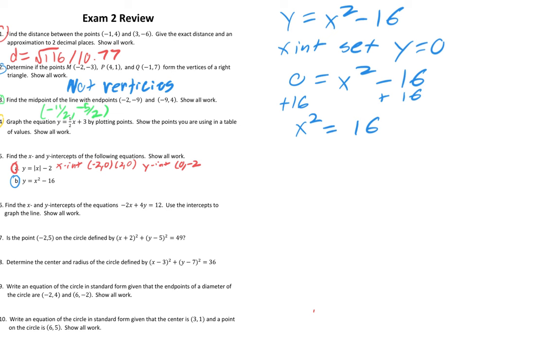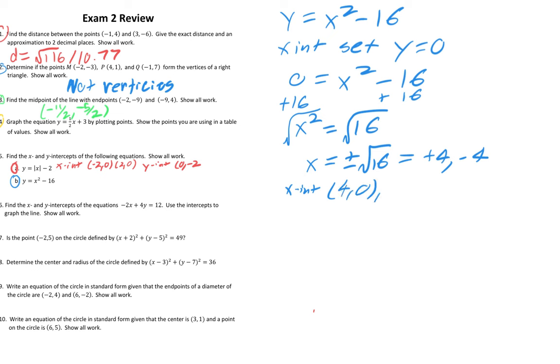We're going to get rid of that square, so we're going to take the square root of both sides. So x is equal to plus or minus the square root of 16, which is equal to plus 4 and minus 4. So our x-intercepts are going to be at (4, 0) and (-4, 0).